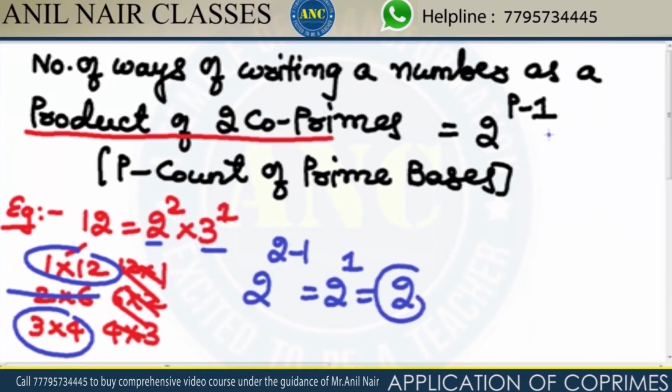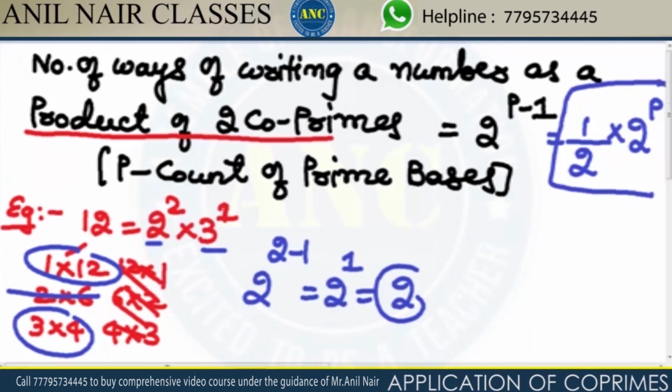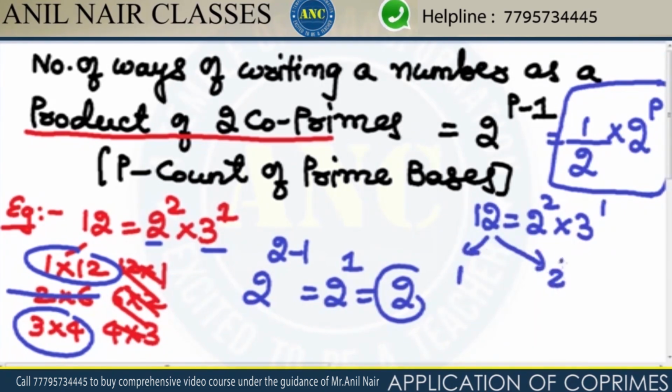Sir, how you got half of 2 power p? Can you please give the proof for it? Listen carefully. 12 is 2 square into 3 power 1. Suppose if I write 1 here, the entire number I am writing here.